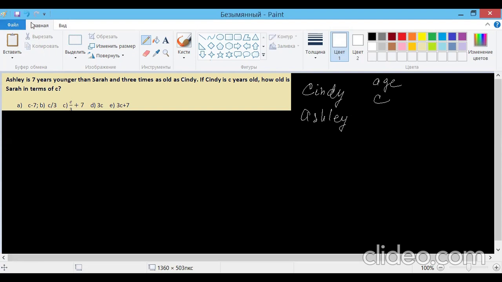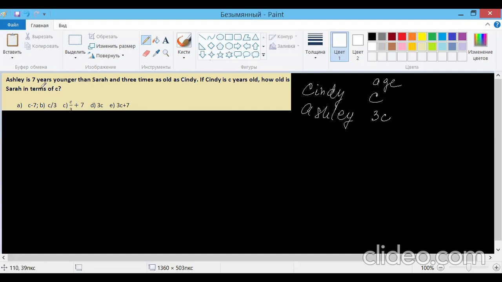Ashley is younger than Sarah and 3 times as old as Cindy. Ashley is 3 times as old as Cindy. So if Cindy is C years old, Ashley is older, and her age is 3 times Cindy's. It means 3 times C years old.